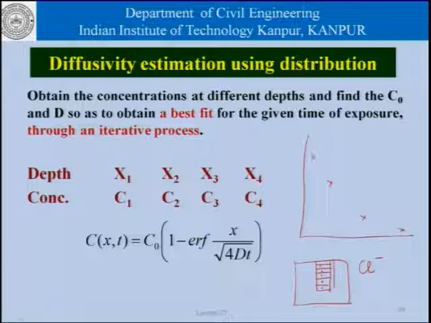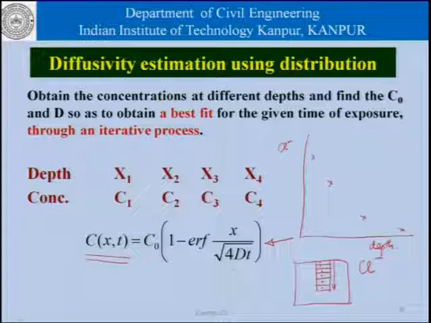So, as we come deeper into the concrete, the concentration will go down, and once we have those numbers and we plot chloride concentration versus depth, and we assume that the concentration profile should follow this equation, that is C(x,t) = C0 times (1 minus erf(x / (2√(Dt)))), then for the different x's we know different C's, and that is what is indicated here.